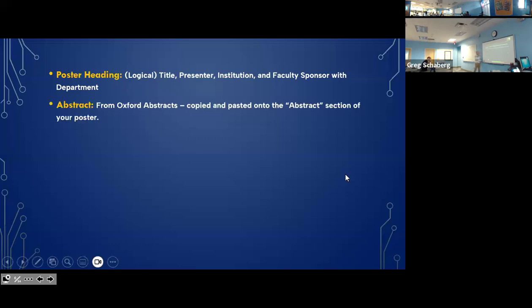You don't want 15 words, colon, and 10 more words, just a nice short title that gives your reader a good idea of what you've done. The presenter is you. So you're going to want your name. You're going to want this institution, Tallahassee State College. You're going to want your faculty sponsor with department, as Ms. Allen talked about earlier.